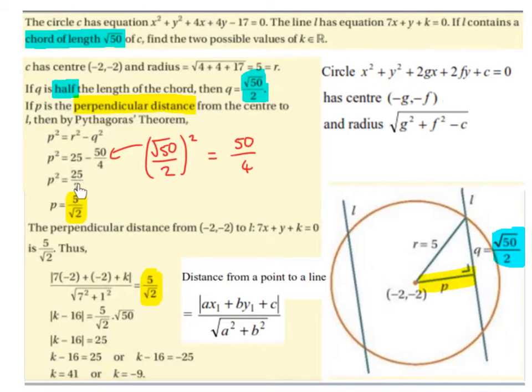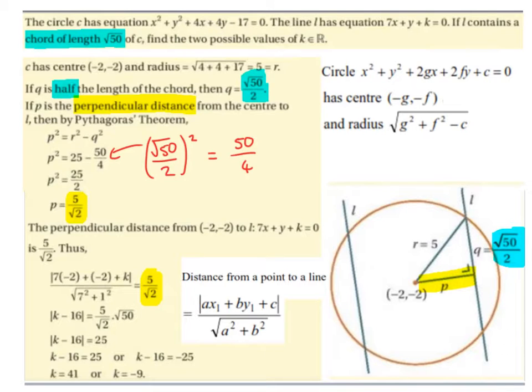So p squared is 25 over 2, so p is the square root of 25 over 2, which is 5 over root 2. So p is the perpendicular distance from the centre to the chord, and it is 5 over root 2. The perpendicular distance from the centre (minus 2, minus 2) to L, the line 7x plus y plus k equals 0, is 5 over root 2.